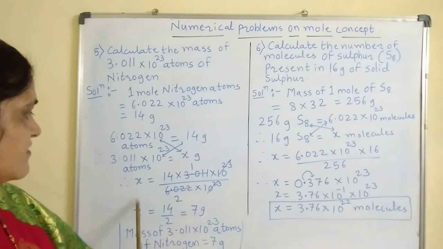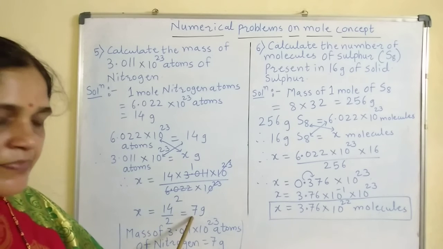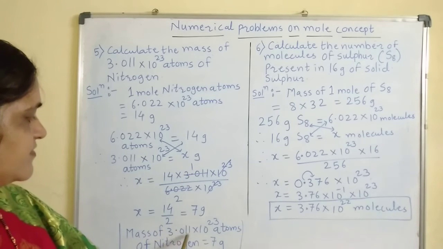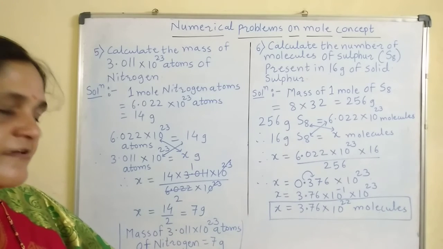Therefore, the final answer will be 14 divided by 2, which is equal to 7 gram. Therefore, 3.011 into 10 raised to 23 atoms of nitrogen will have mass 7 gram.